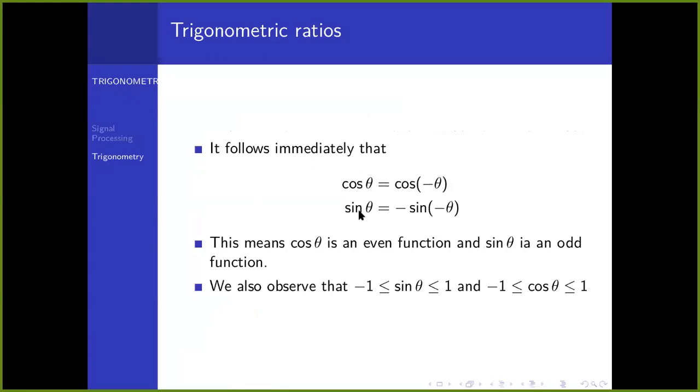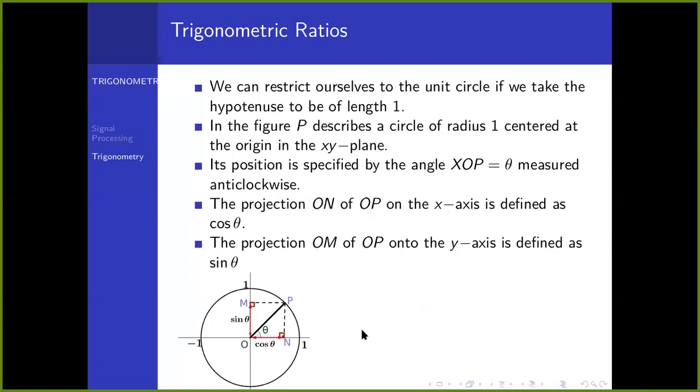So that covers this first property. The other one is that the sine of theta is the same as the negative of the sine of minus theta. So we can go back a step. If you use the same radius again, making an angle negative theta with the positive x-axis, what will happen now is that the projection, if you project it onto the y-axis, will end up on the negative side.